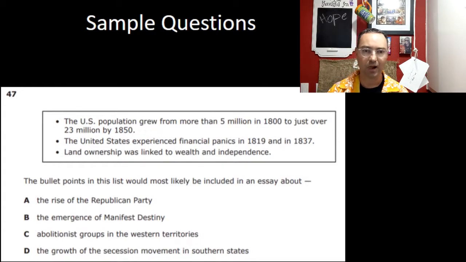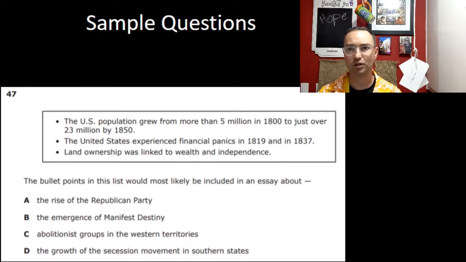What about this one? The United States population grew from more than 5 million in 1800 to just over 23 million by 1850, so more than 4 times in 50 years. The United States experienced financial panics in 1819 and 1837, meaning that things were not looking great financially for a lot of people.